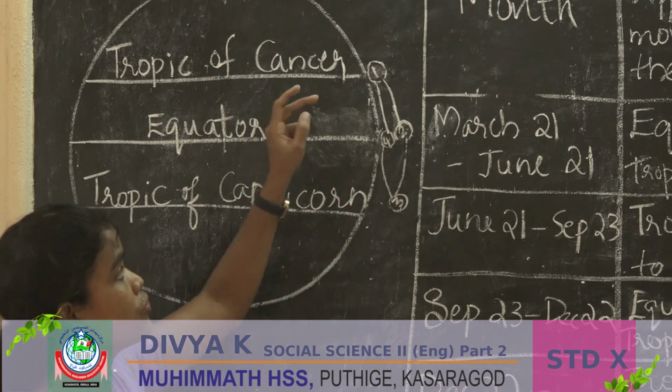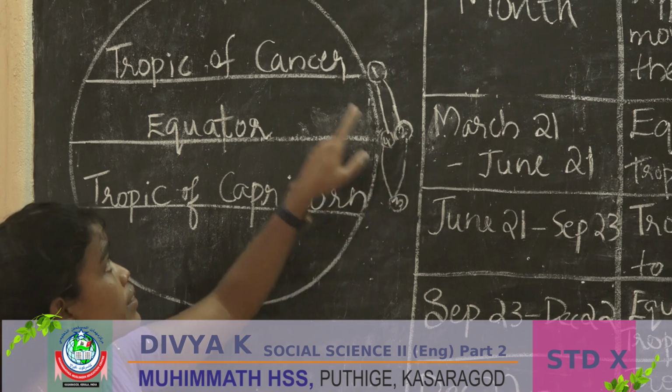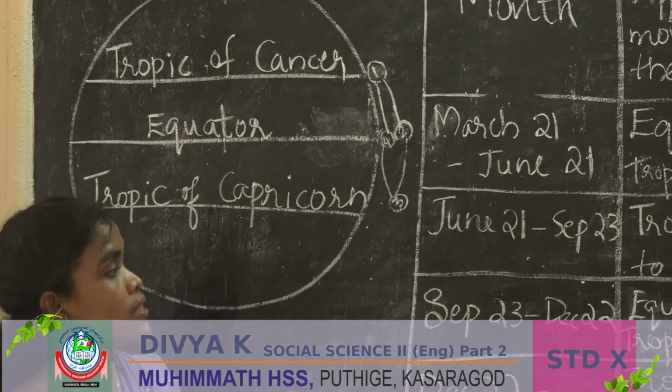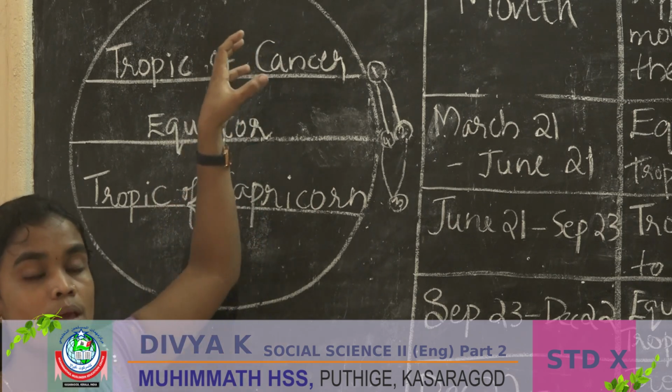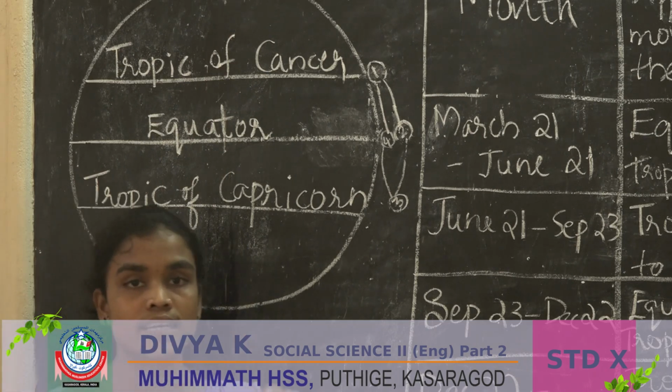That is the second shift of the sun, from June 21 to September 23, from the Tropic of Cancer to the equator. This causes the summer season in the northern hemisphere and the winter season in the southern hemisphere.